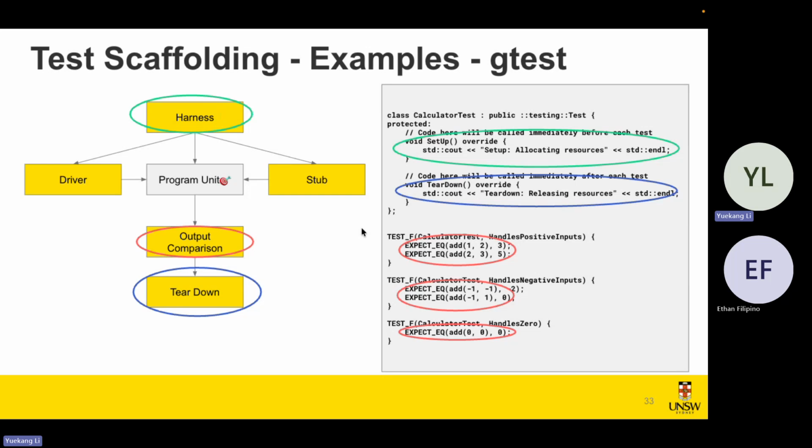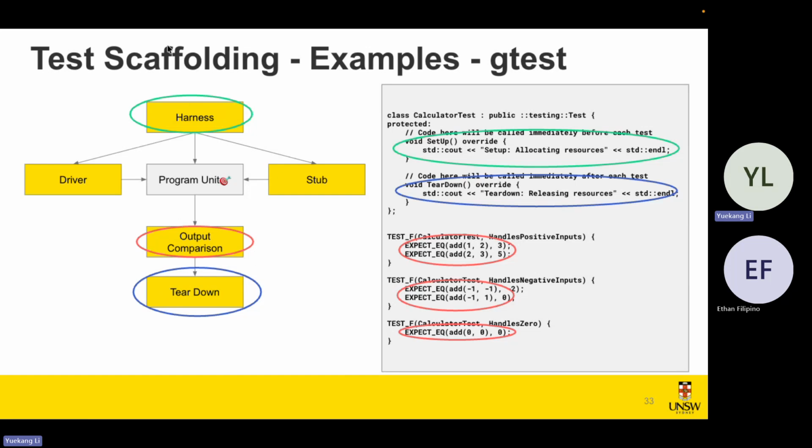And you don't have to memorize all the detailed grammars for using each framework here. What you need to know is just this structure. So you know what is a harness, what is a driver, what is a stub. You know that we should have output comparison, we should have teardown.